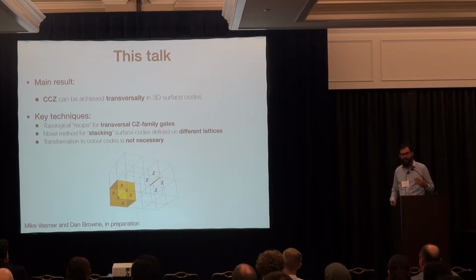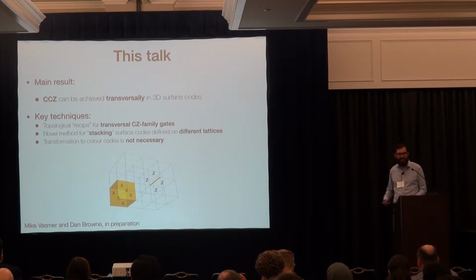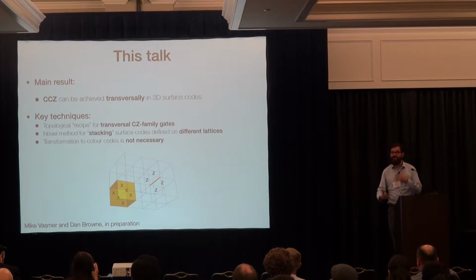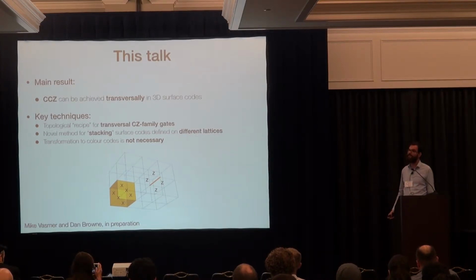And the way we're going to show this is by introducing a few nice ingredients. First, a very simple topological way of understanding how these transversal CZ family gates can be realized. Then we'll show a way of deriving the different types of three-dimensional surface codes that we can put together to make this work.